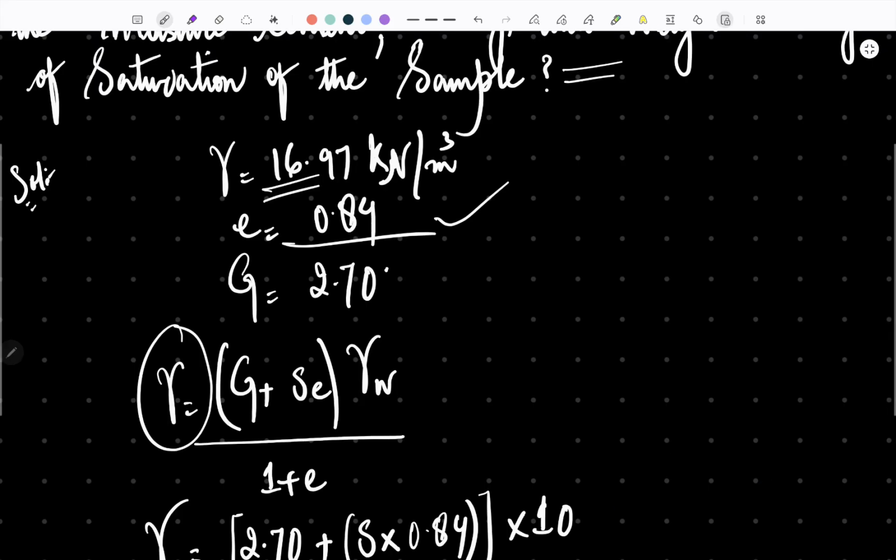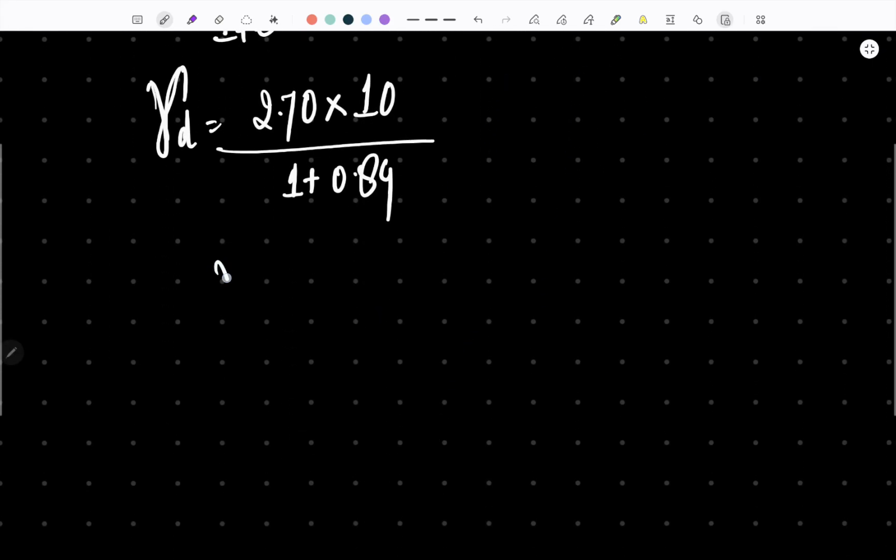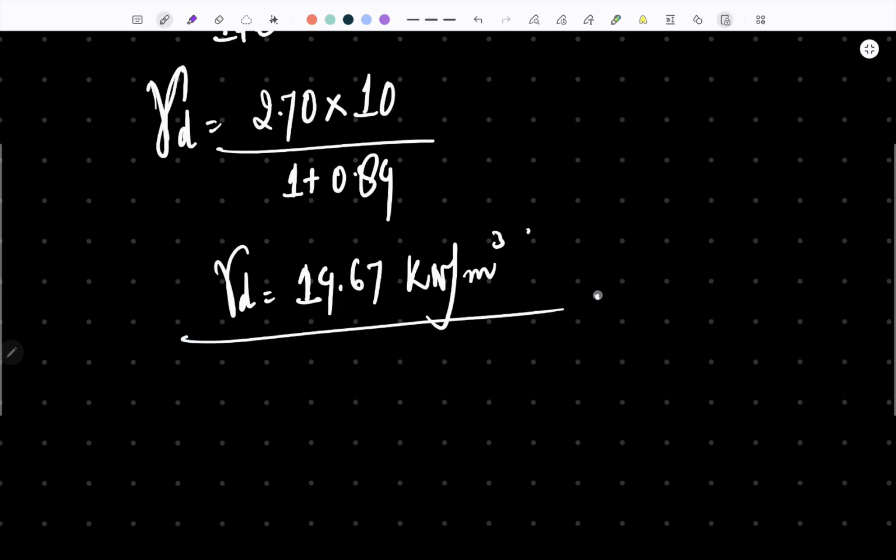So by calculations, dry unit weight is 14.67 kilonewton per cubic meter. This is the dry unit weight.